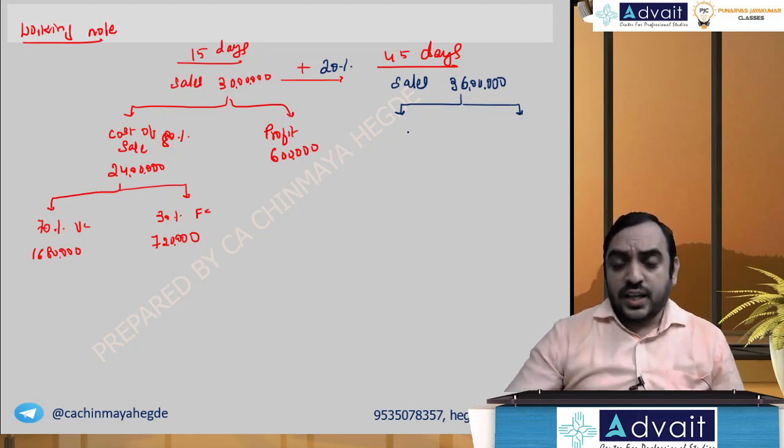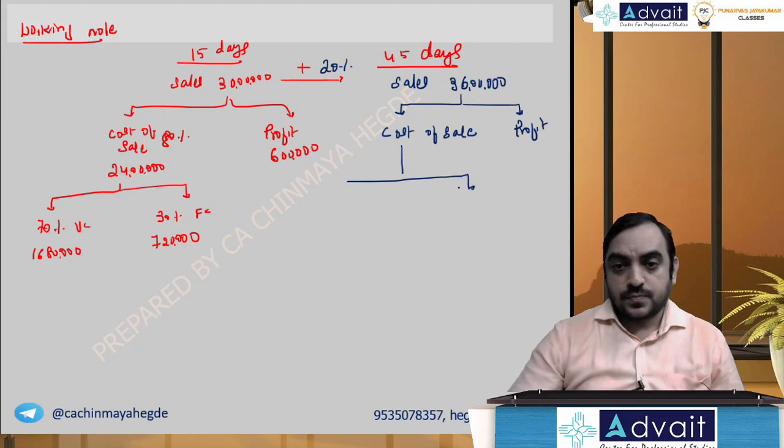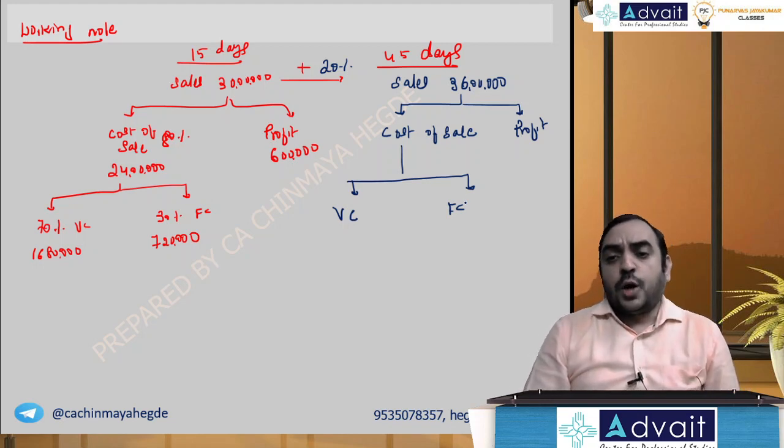Okay. Now, can you tell me what will be the cost of sales here? Cost of sales, profit. This will be divided into two parts, that is variable cost, fixed cost. Can you tell me how much is the cost of sales in this case?